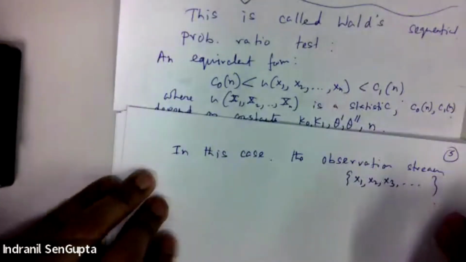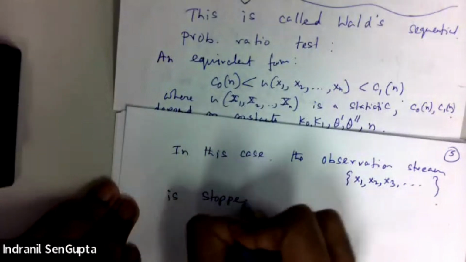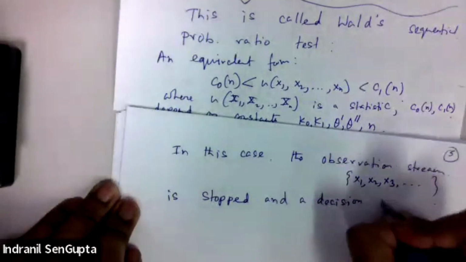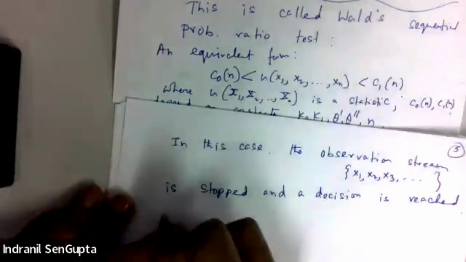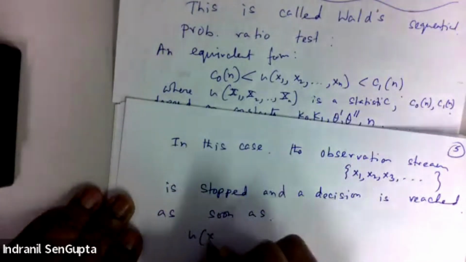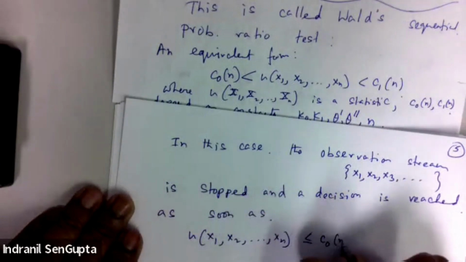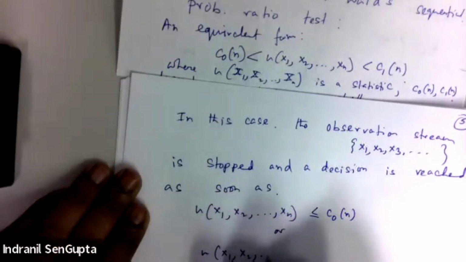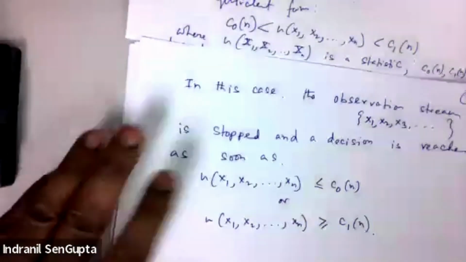So this observation stream is stopped and a decision is reached as soon as either this value of the statistic is less than or equal to C0n, or the value of the statistic is more than or equal to C1n, right?